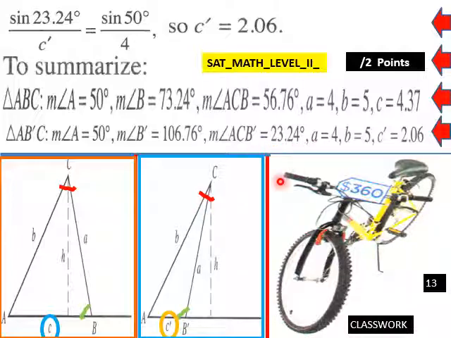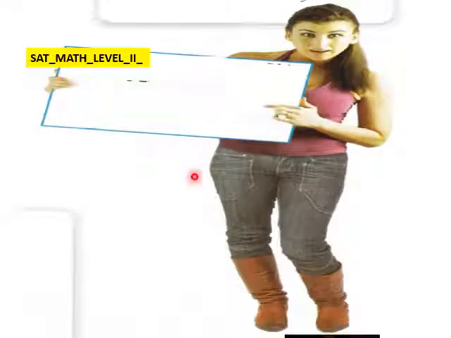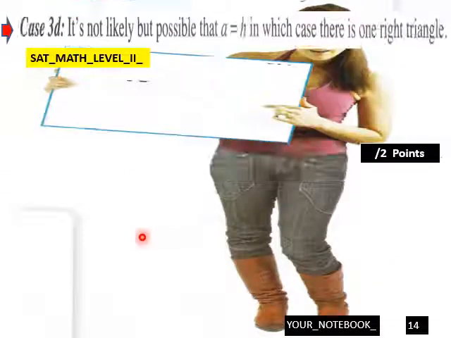And then sides here, A will be 4, B will be 5. Here's your side length here, B, and then C will be 2.06. That was one of those two triangles.